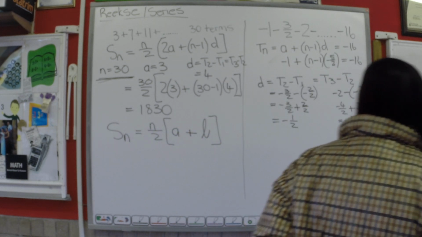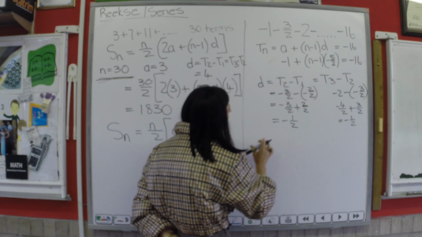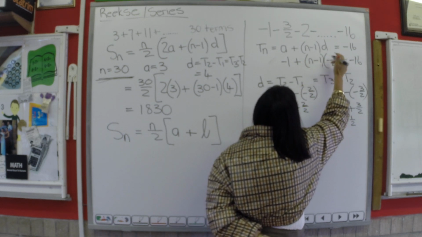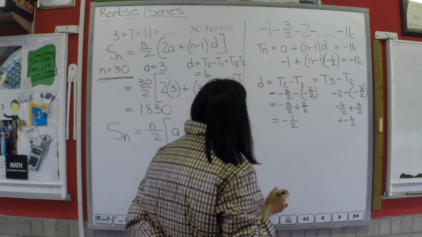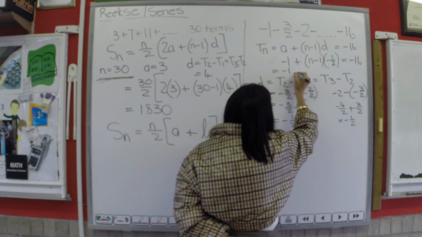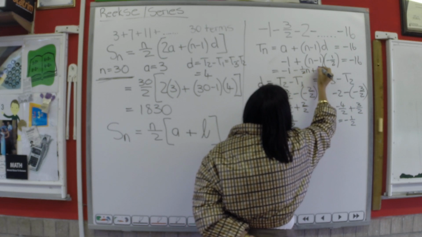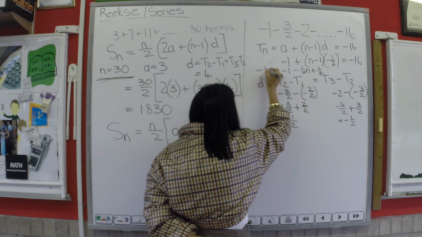So now we can put it correctly into that space, and we can determine the value of n. So it's minus 1 minus a half n plus a half, and that gives me minus 16.